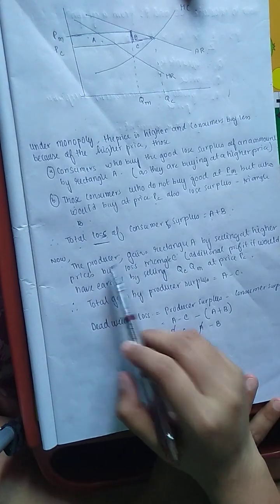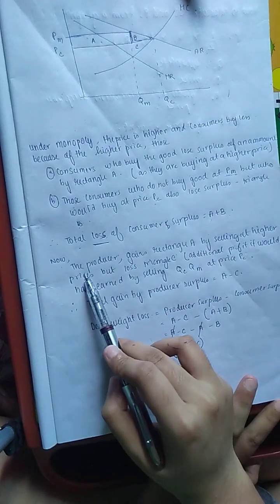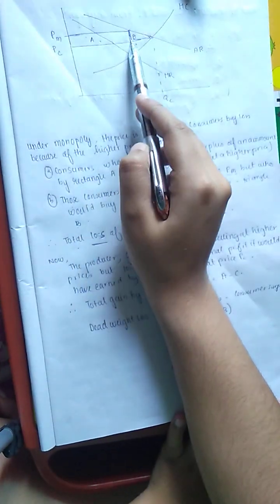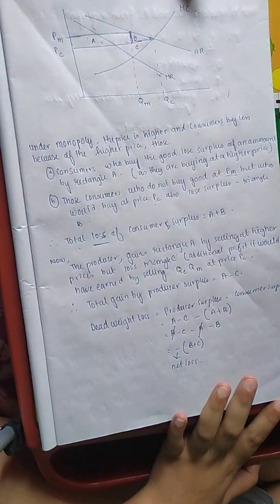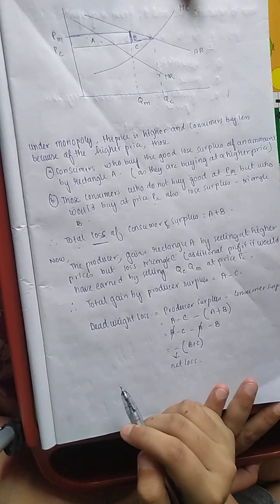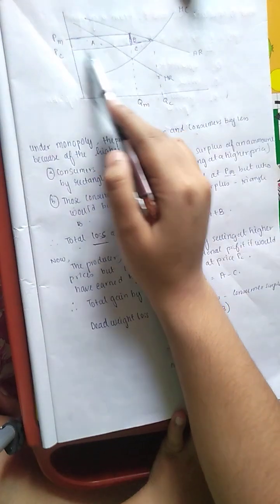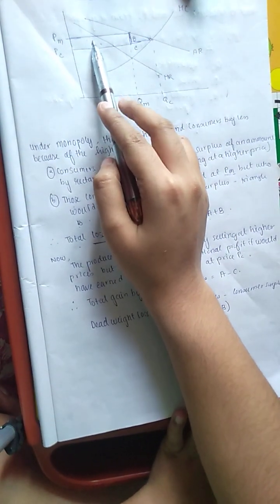The producer gains A by selling at a higher price, because the consumers under this rectangle are paying a higher price for the good. That's why the producer is gaining more profit, and why A is the gain of the producer.